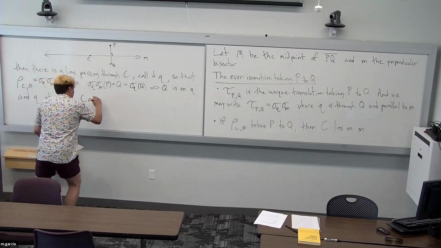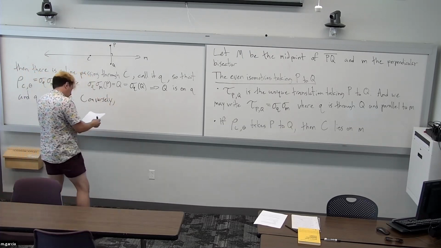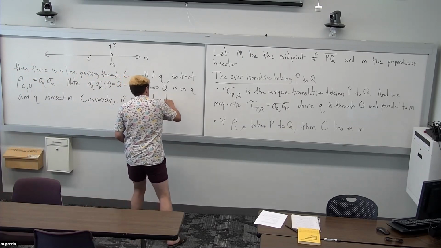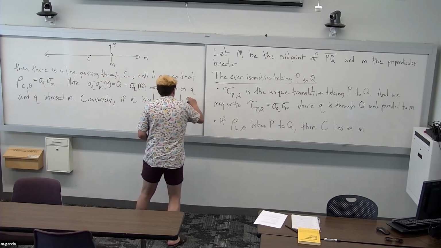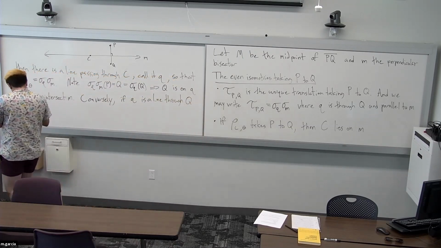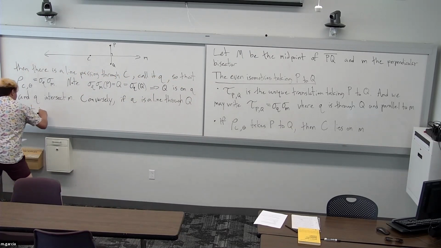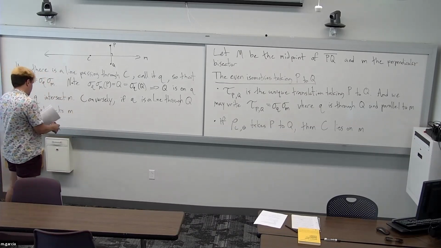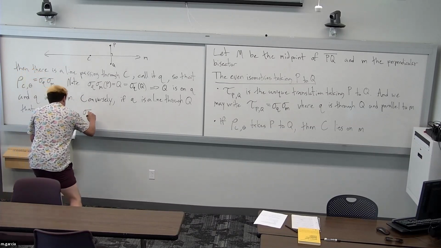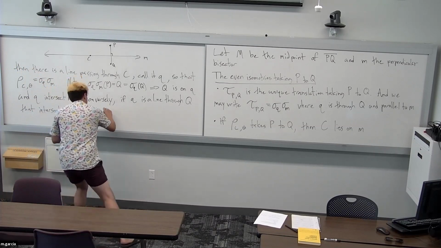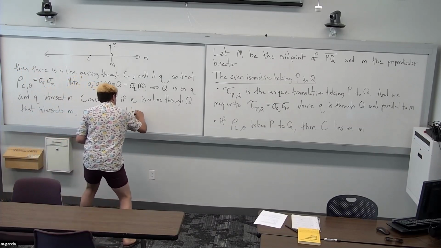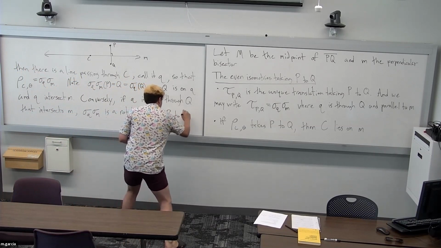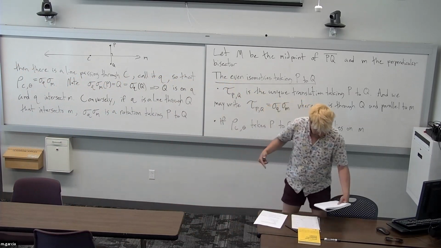Okay. So conversely, if q is a line through point Q that intersects M, then we have that sigma Q, sigma M is a rotation taking P to Q. That's going the other direction.